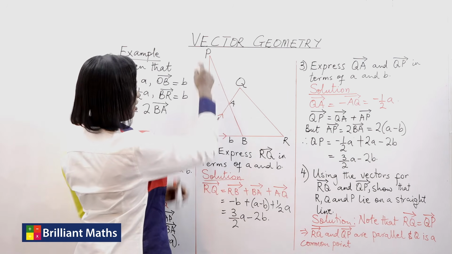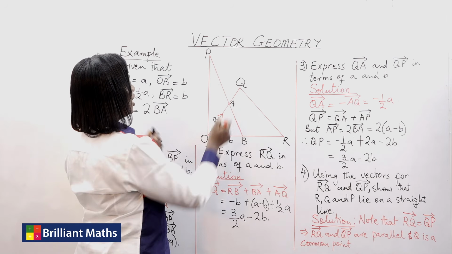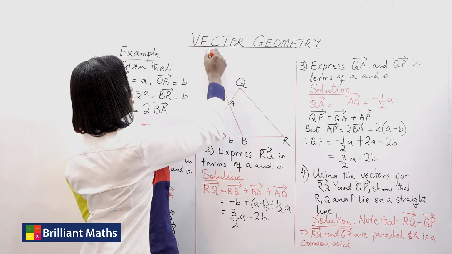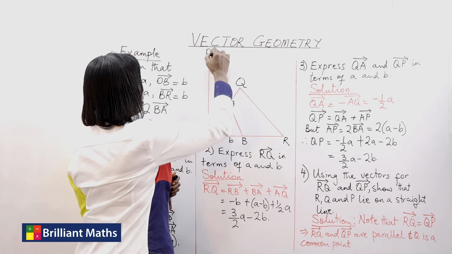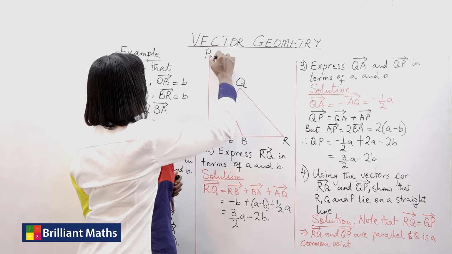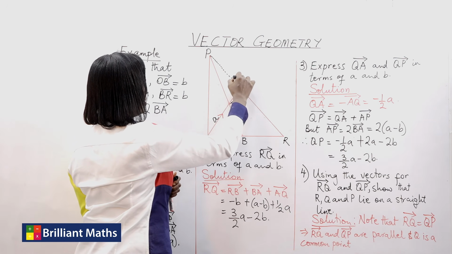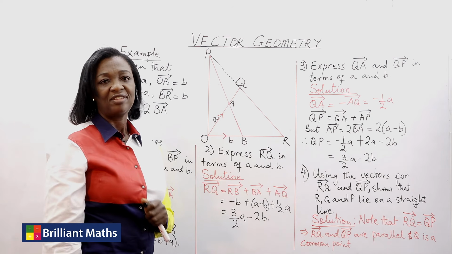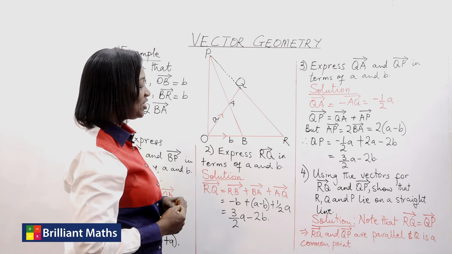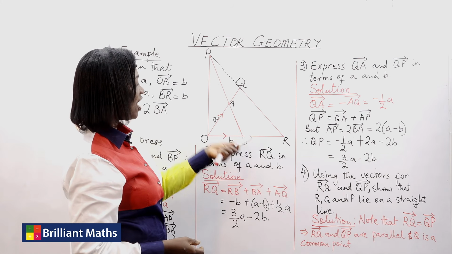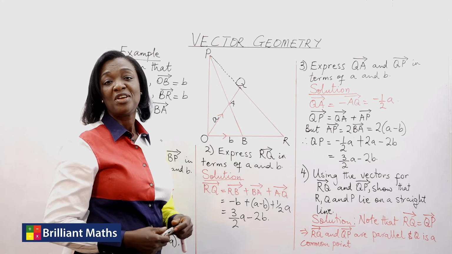Let me use a black marker just to show that R, Q, and P lie on a straight line. So we have been able to show that using the vectors RQ and QP.